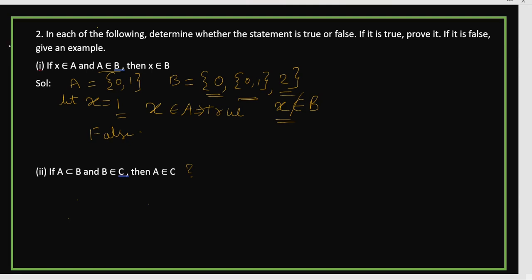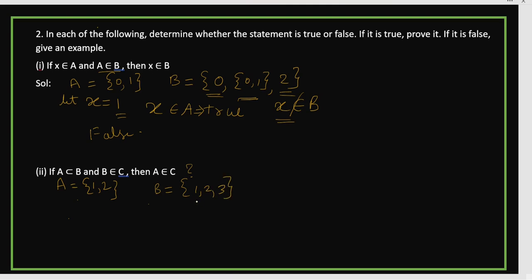Next one is what? A is a subset of B, and B belongs to C. That means let A be {1, 2}. This is one set. And B is {1, 2, 3}.